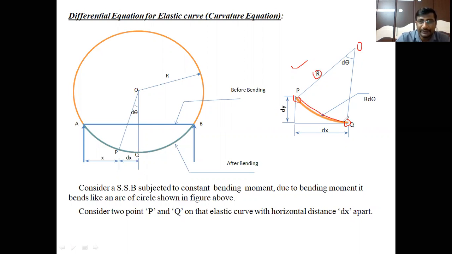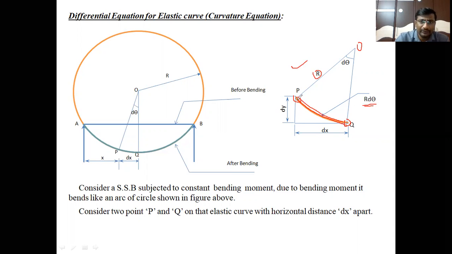This arc subtends an angle d theta at a distance of R, therefore the arc length becomes R d theta. This is the sector length, as you know from mathematics. If the angle made by the arc at the center is d theta, then its arc length is R d theta.